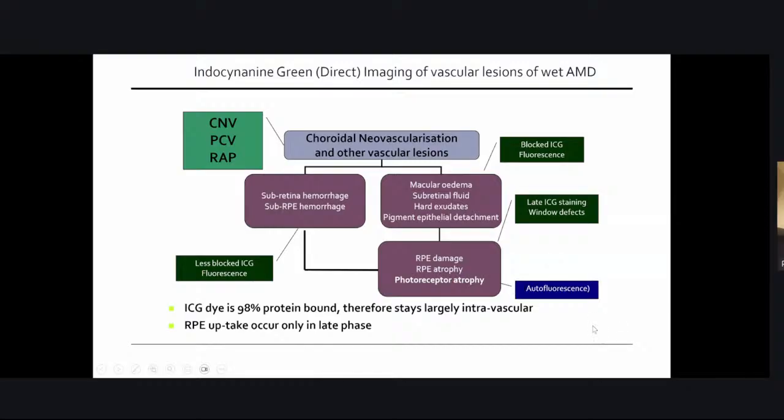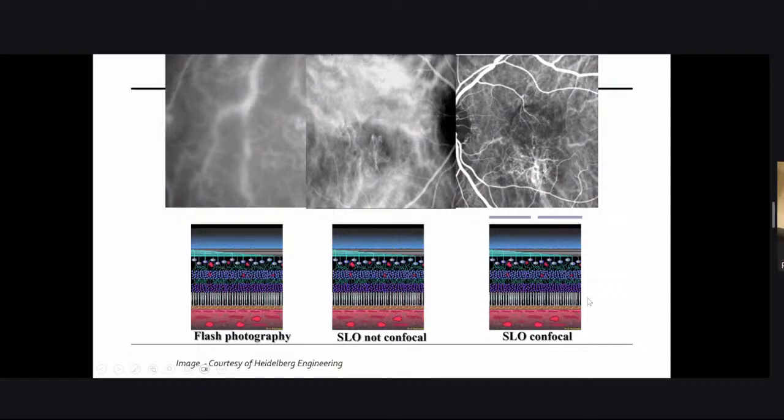Now, take for example this particular case. This picture shows us that the choroidal vasculature is actually quite nicely imaged by ICG. However, there are different types of ICG angiogram. From the left, this is imaged by a flash mode of lighting.